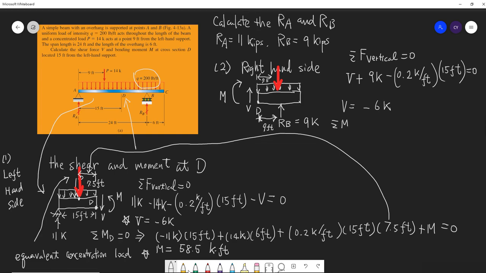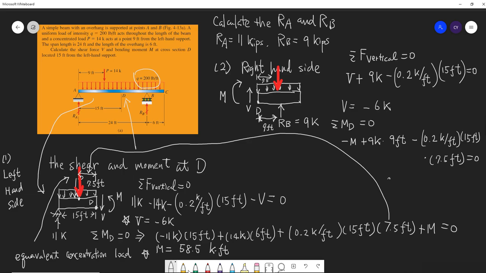When we calculate the summation of moment at the D point equal to 0, it is very easy to write down minus moment plus 9 kips multiplied by the arm 9 feet, minus 0.2 kip per foot multiplied by the length 15 feet, multiplied by the arm 7.5 feet, and after all the summation should be equal to 0.